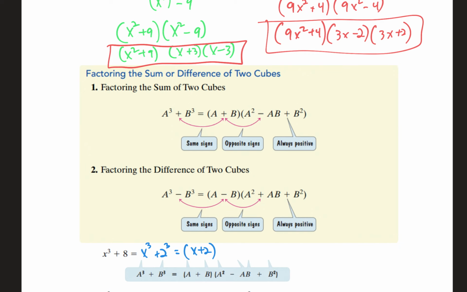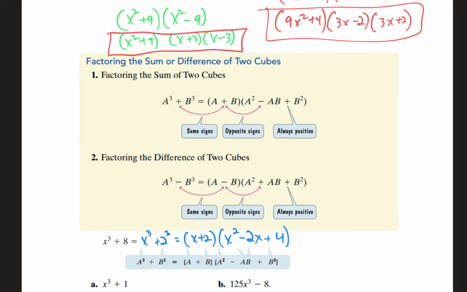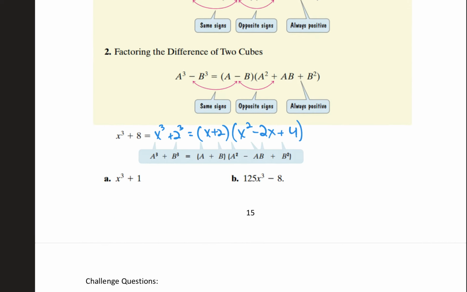And then the trinomial would be my a squared, which is my x squared, minus ab. ab is both terms, so it's x and 2, or just 2x. And then last will be the b squared, which is 2 squared, which would be 4. All right, so using this template, that is how we factor out the sum of cubes.